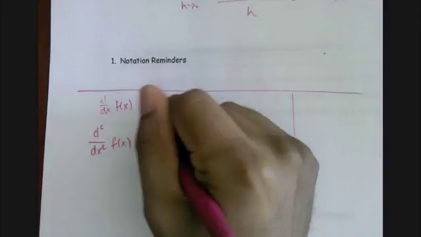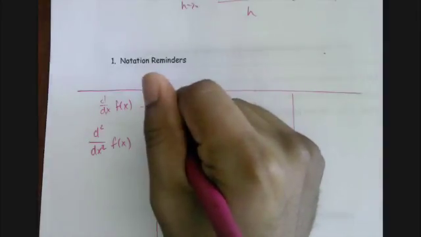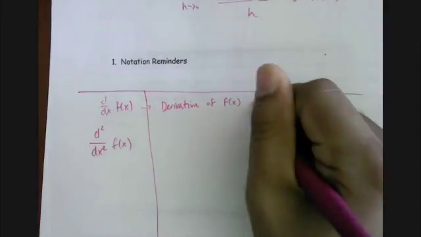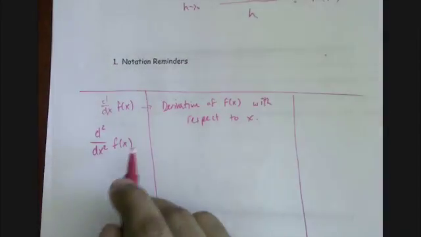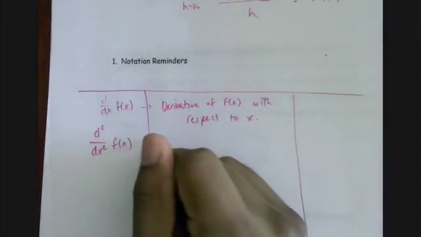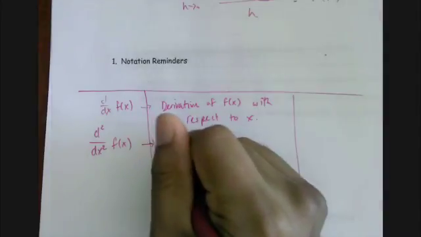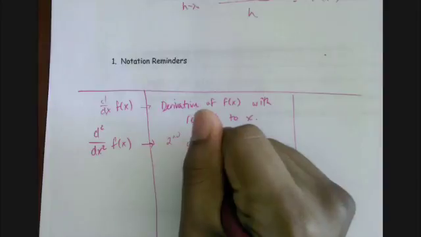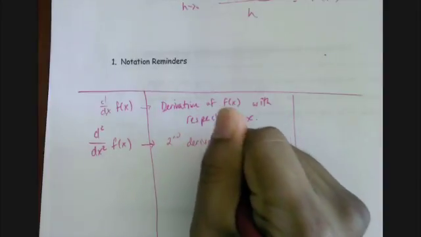For this first one, we say this as the derivative of f of x with respect to x. For the second one, again, I know the notation looks very strange. We just repeat everything, but we say for the beginning the second derivative. Or in other words, the derivative of the derivative.